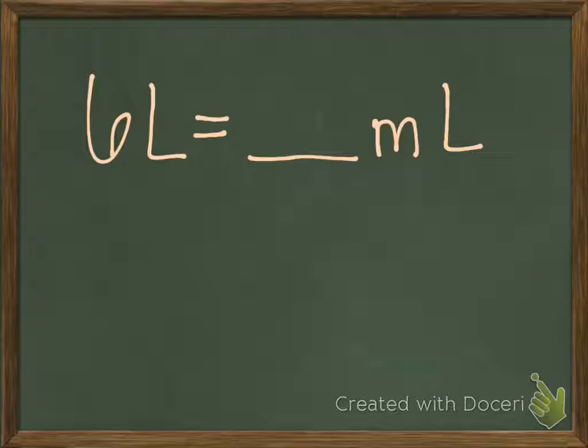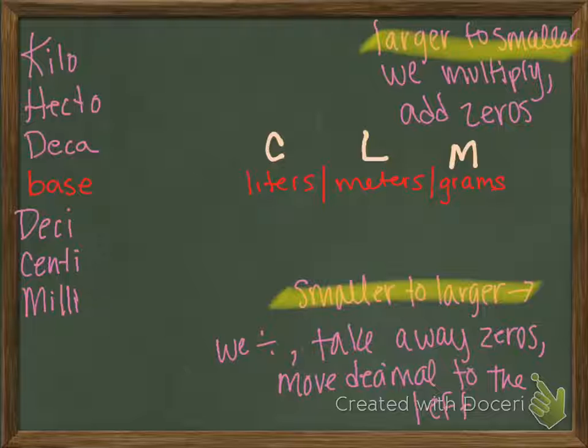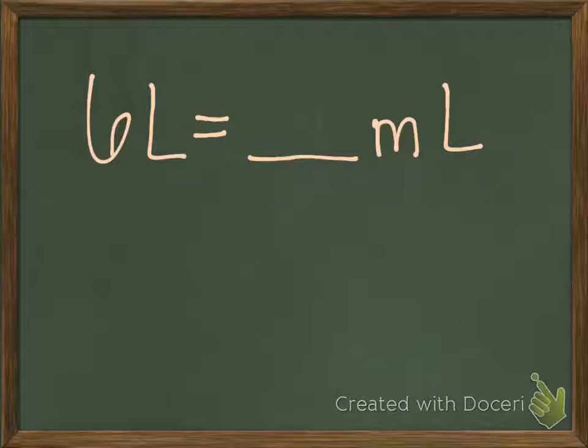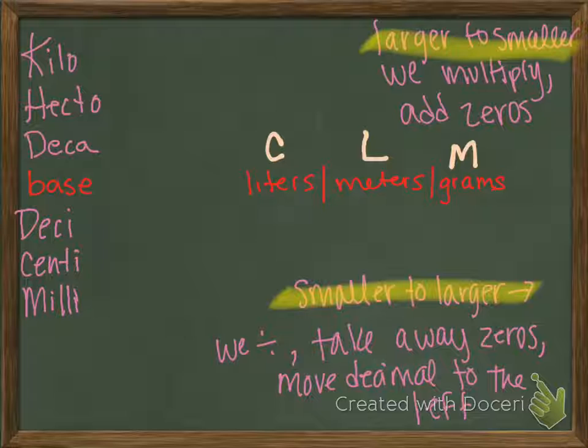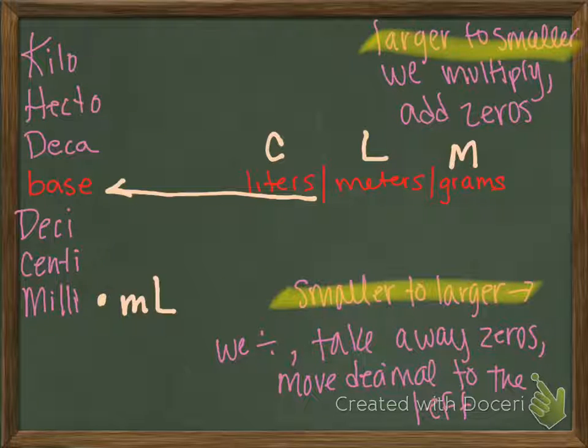So this says 6 liters equals how many milliliters? Well, we're doing the exact same thing that we did for length. So go back to our chart, and we're going from liters, which is our base, all the way down to milliliters. That's what the ML stands for. So we need to jump down 1, 2, 3 places.